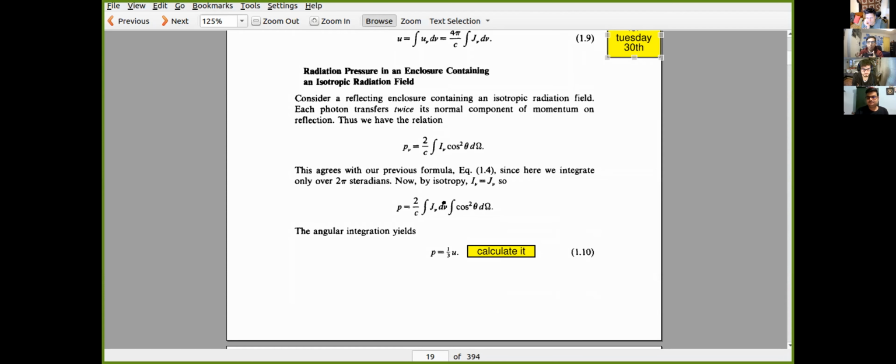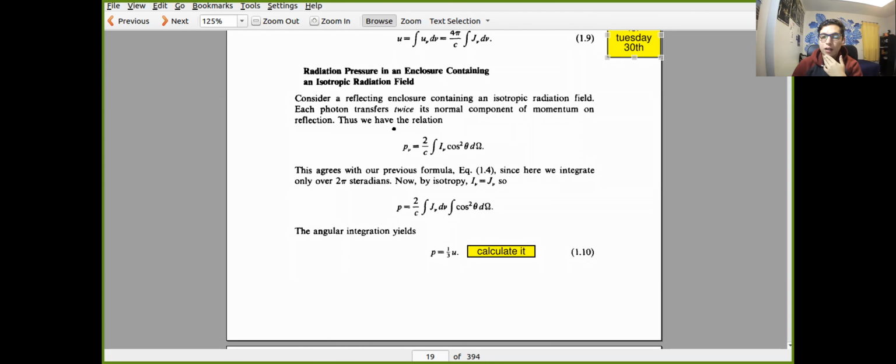So every time a photon hits the barrier, the mirror, it's reflected, and the component of the momentum that is normal to the enclosure gets reflected to the other side. So for every component of the momentum, the difference in momentum is twice that.